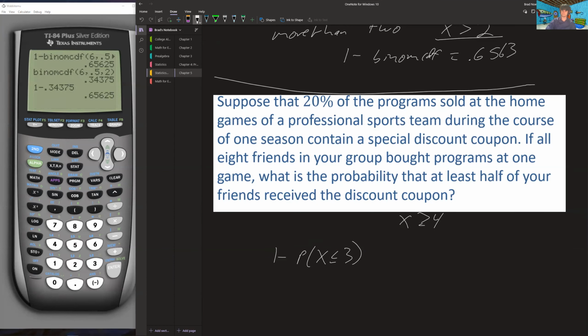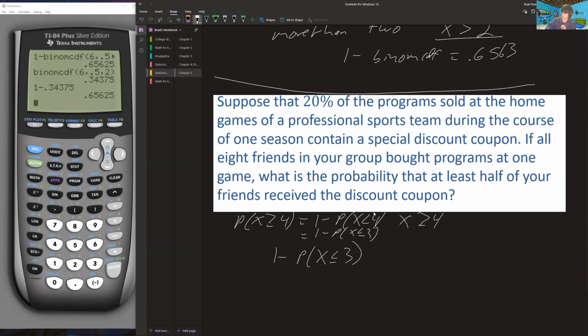So let me note why this is true. We want the probability that x is greater than or equal to 4. This is the same as 1 minus the probability that x is less than 4, because greater than or equal to is the complement of less than. And less than 4 is the same as less than or equal to 3. Hopefully that makes sense.